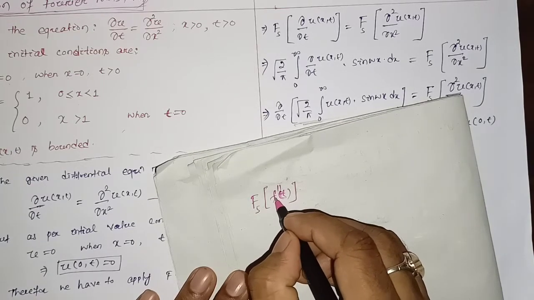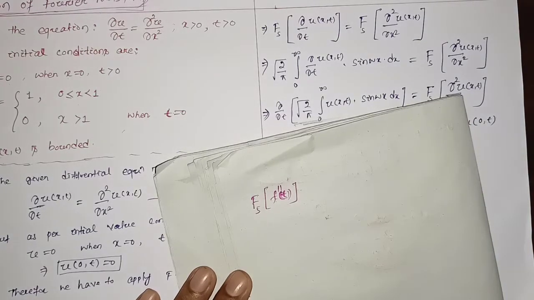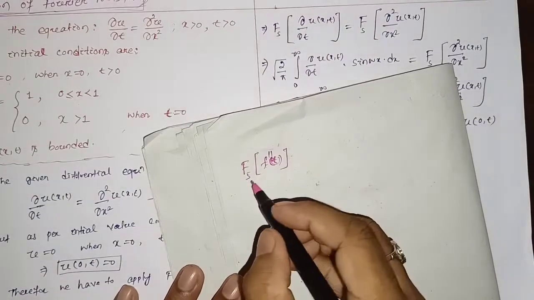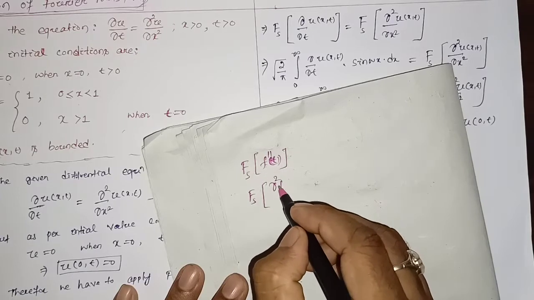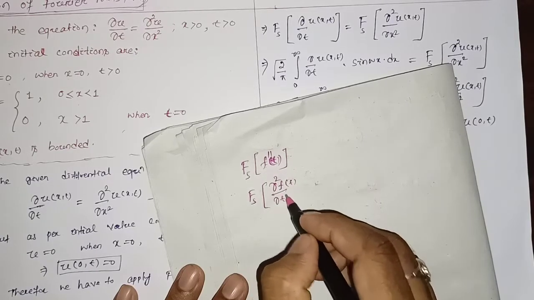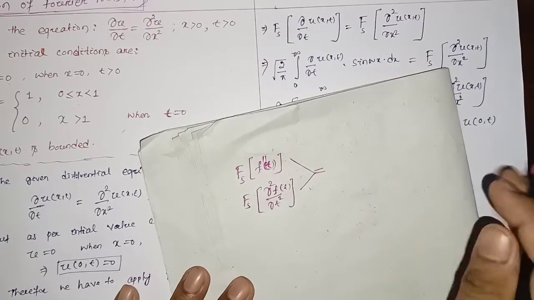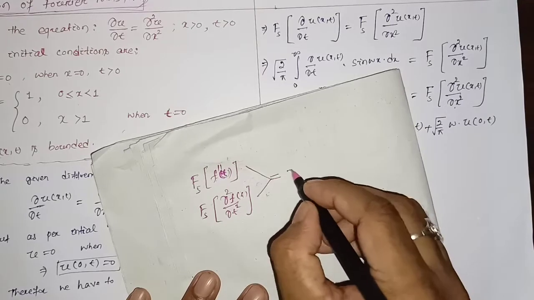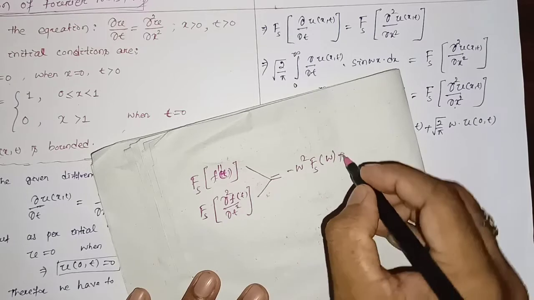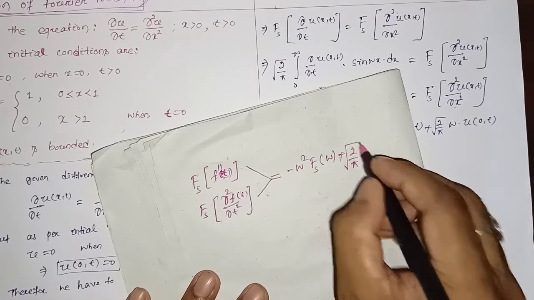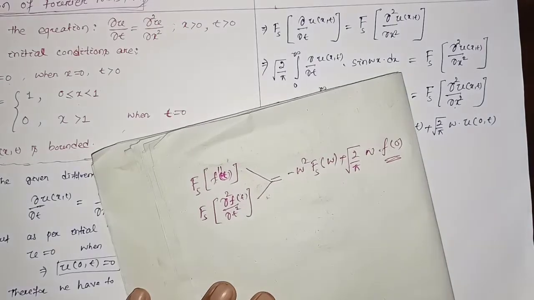Or we can write that the Fourier sine transform of del square f by del t square is equal to minus omega square capital Fs(omega) plus root over 2 by pi, omega into f(0), small f(0).